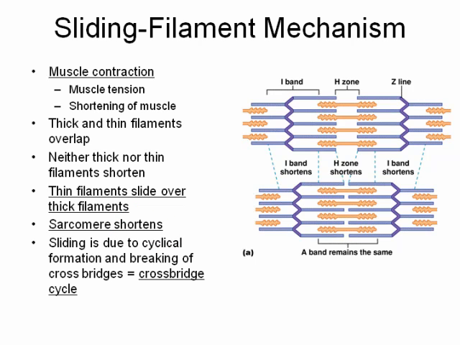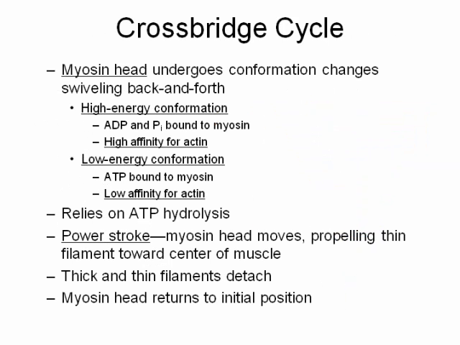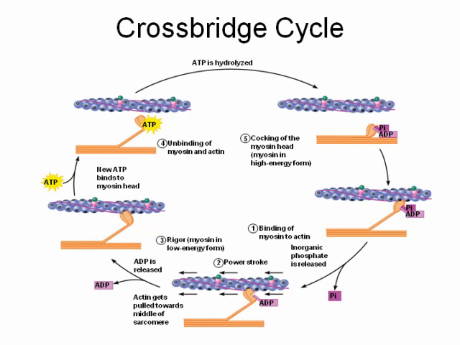This shortening is due to the cyclical formation and breaking of the myosin head binding to the actin here, what we call the cross-bridge cycle. So we're going to look at this in some detail. And I'm going to probably switch back and forth between this slide and this figure.